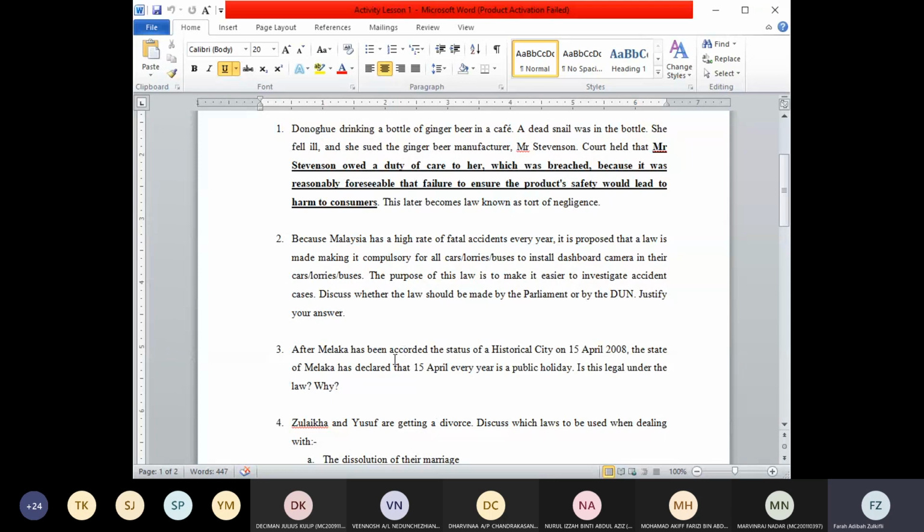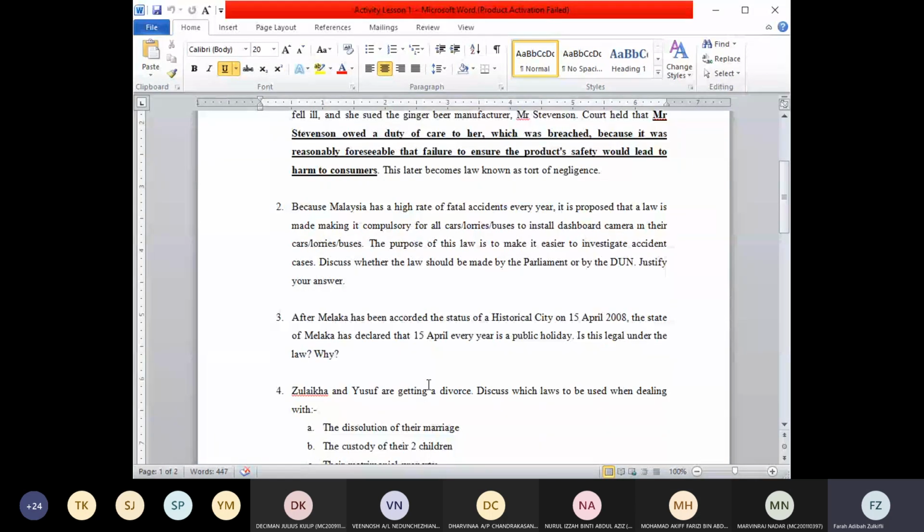Okay, so that is for question 3. Melaka can declare 15 April to be a public holiday for Melaka only. They cannot declare a public holiday for the whole country, because it is a state holiday. But if the public holiday is declared by the federal government, for example, a few years back we did not have a public holiday for Hari Malaysia, 16 September 1963.